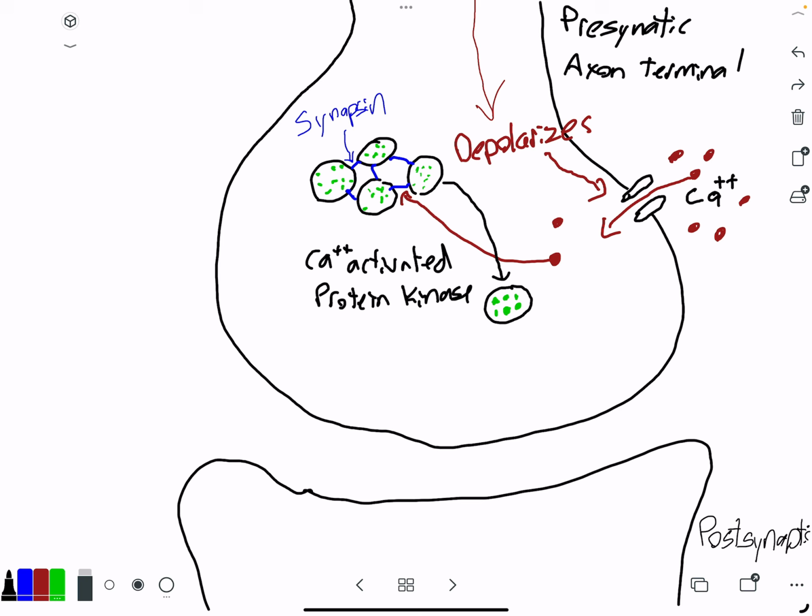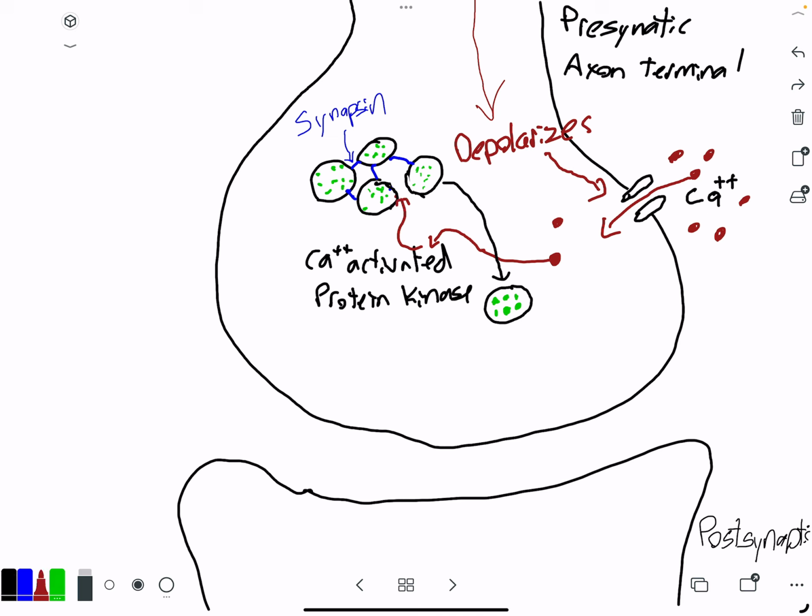So calcium, and let me make things a little more clear here, activates the protein kinase that can then go in and phosphorylate synapsin, which causes it to break up this complex up here, freeing the vesicles.